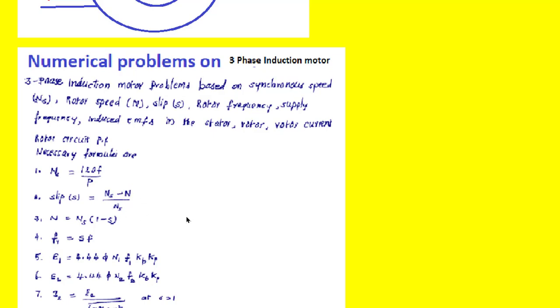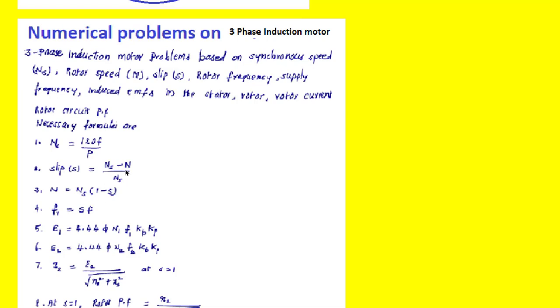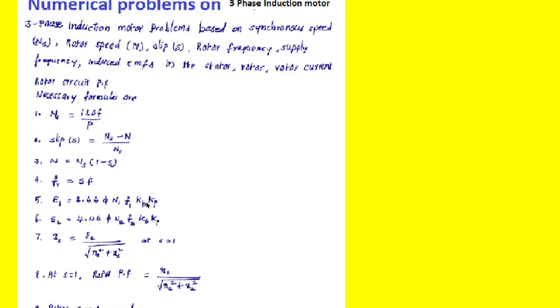From this we can also write rotor speed N is equal to Ns into (1 minus S). Similarly, we can relate the rotor frequency Fr with the supply frequency like this: Fr is equal to S into F, where F is the supply frequency and S is the slip.